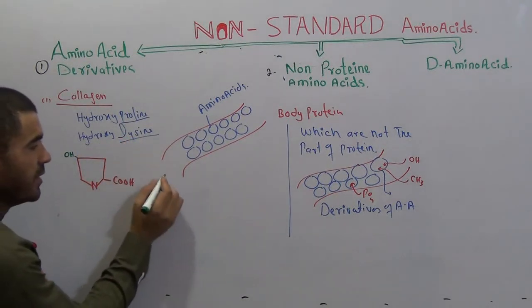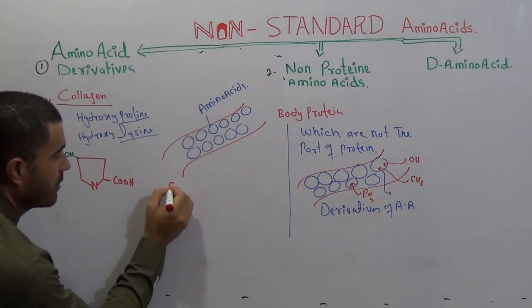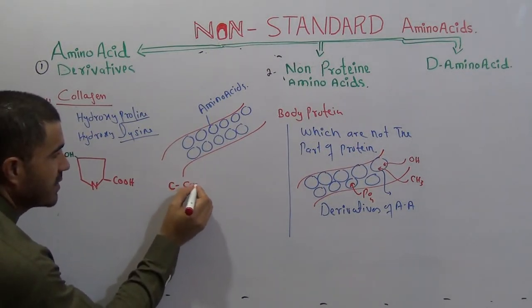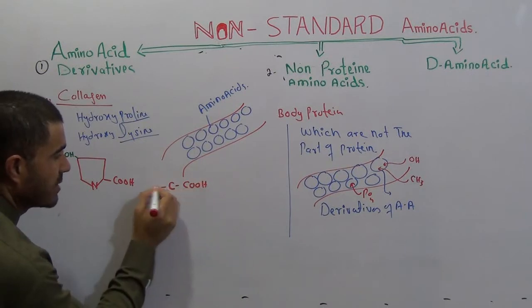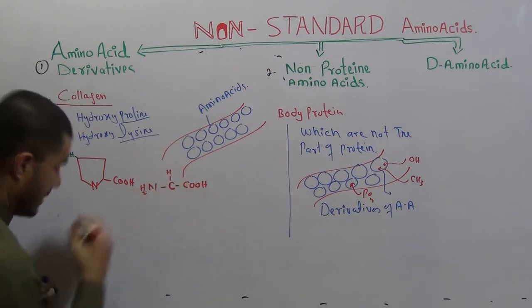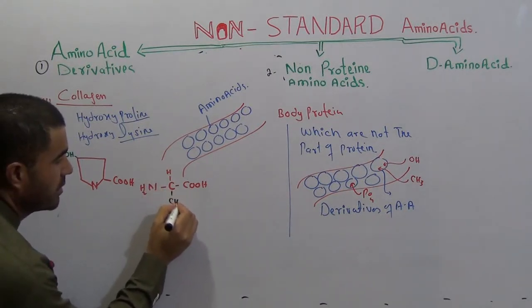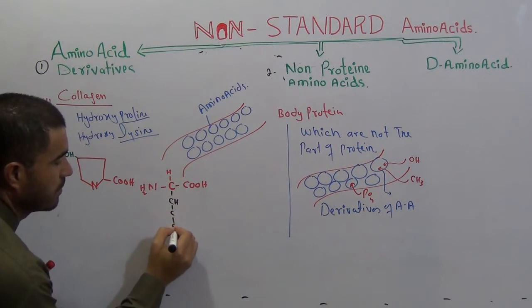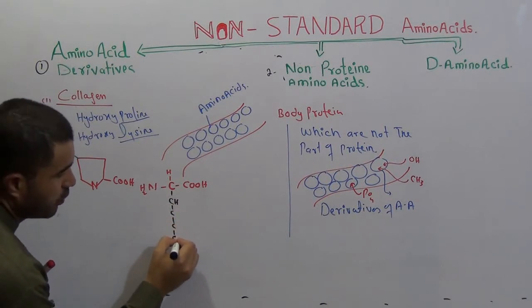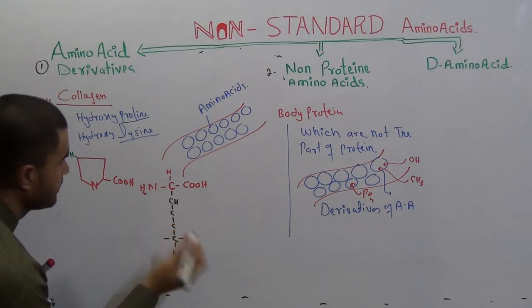In lysine, you have an alpha carbon, on one side a carboxylic group, on the other side NH2, and then H, and below this we have 4 CH2s and 1 NH2.